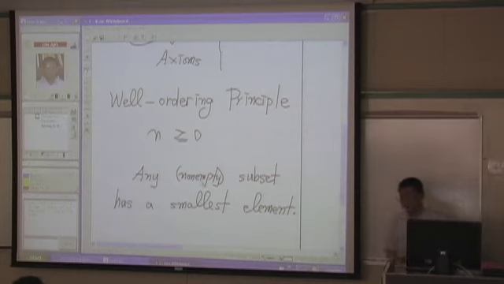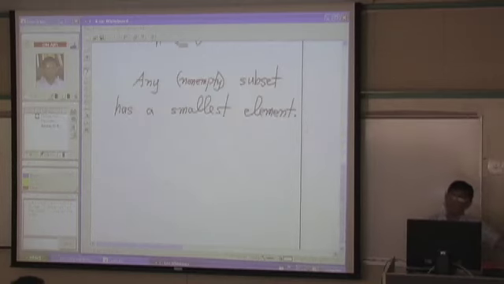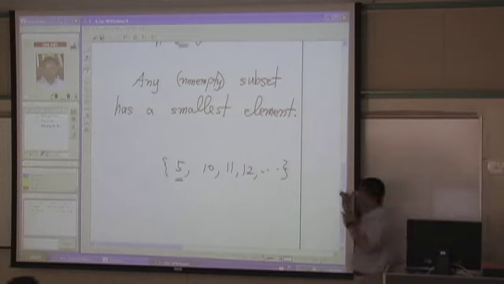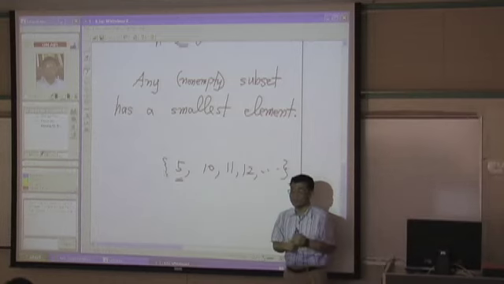So it's a very trivial fact. As you can see, we pick some subset such as 5, 10, 11, 12, and so on. Then in this set, can you find the smallest number? Of course, assuming these numbers are bigger, then 5 is the smallest number. So in any subset, we can find the smallest element.